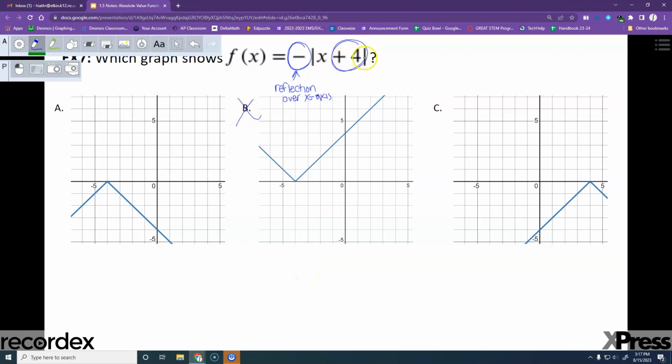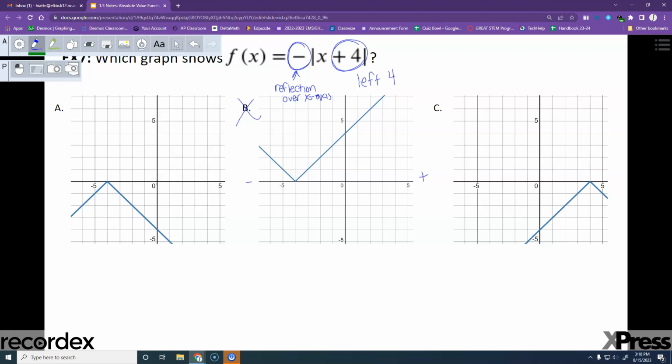And then I also have this plus 4 here that is on the inside of our absolute value bars. So it's going to move our graph to the left or to the right. So right here, I can see that I have a plus. I'm going to go the opposite direction. So positives on the right, negatives on the left, and I need to go to the left 4 units.